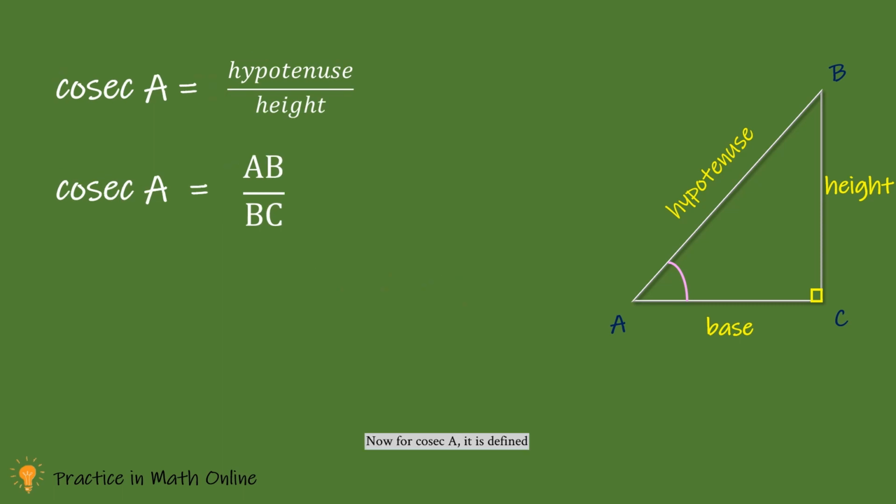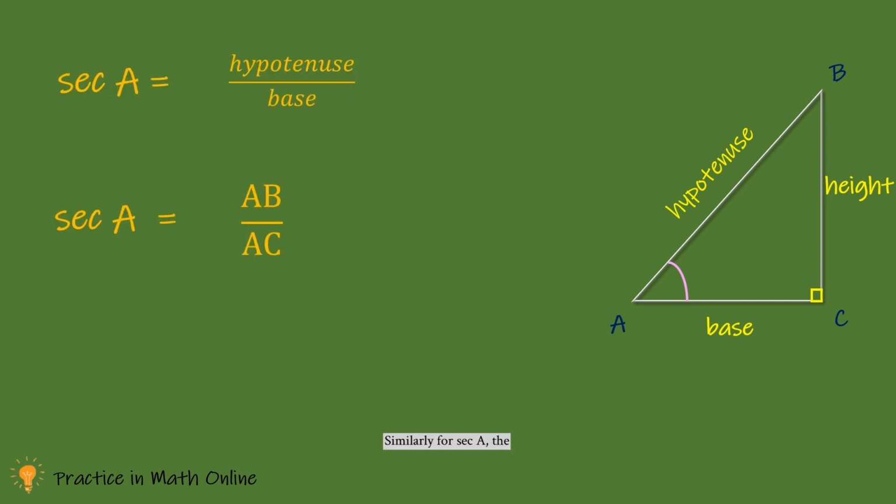Now, cosec A is defined as hypotenuse over height. And since hypotenuse will always be greater than height, that means cosec of A will always be greater than 1. So the magnitude of cosec A is always greater than or equal to 1. Similarly, for sec of A, the hypotenuse will always be greater than base.